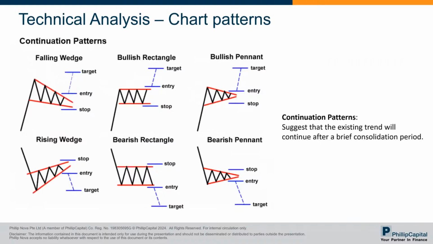But what I'm encouraging you to explore more today is what we call the continuation pattern, which tends to signal a potential entry for you to engage in a trade according to the prevailing trend. Because I think we can all agree that the market never goes up in one straight line, nor does it go down in one straight line. Let's say there's very bullish news causing the market to rise; it would rise very steeply, but it never goes up in a straight line forever.